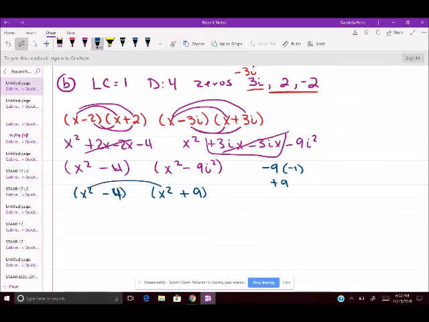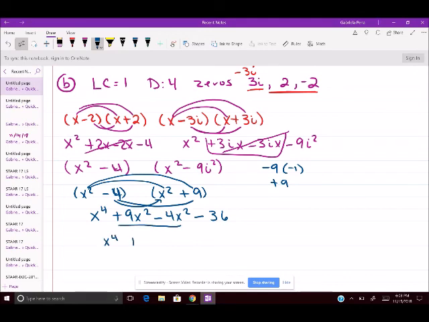Then we do FOIL. x squared times x squared, x to the 4th. x squared times 9, 9x squared. Negative 4 times x squared, negative 4x squared, negative 4 times a positive 9 is a negative 36. We combine these two guys, x to the 4th plus 5x squared minus 36.